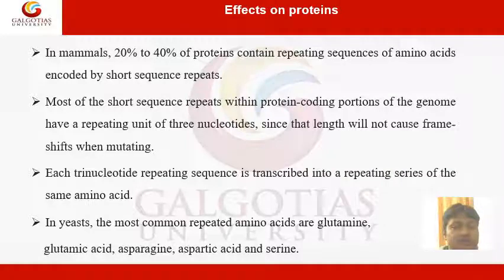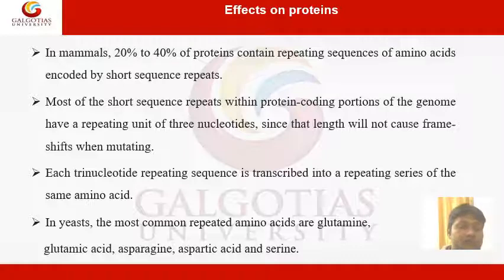Now the effects on the proteins. In mammals, 20% to 40% of proteins contain repeat sequences of amino acids coded by the short sequence repeats. Most of the short sequence repeats within the protein coding portions of the genome have a repeating unit of 3 nucleotides, since that length will not cause a frame shift when mutating.